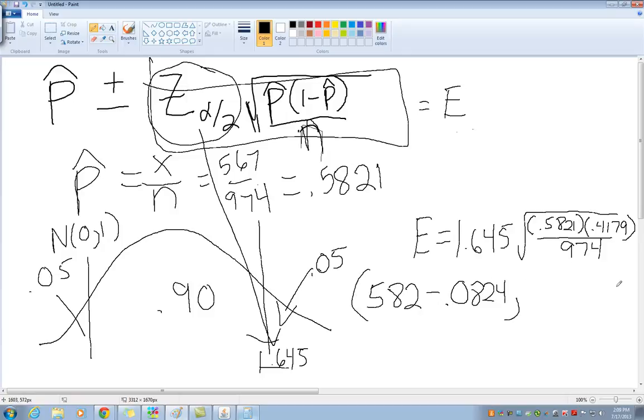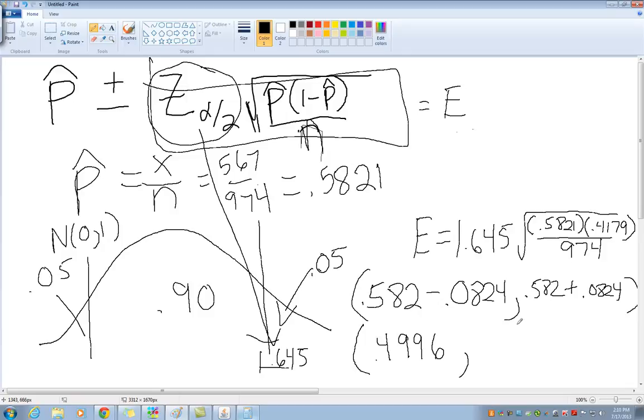That's the low end of the interval. The high end of the interval is 0.582 plus 0.0824. Okay. The subtraction is just under 0.5, 0.4996.